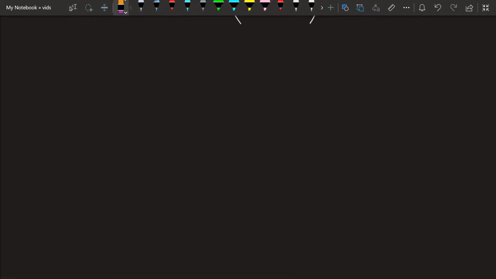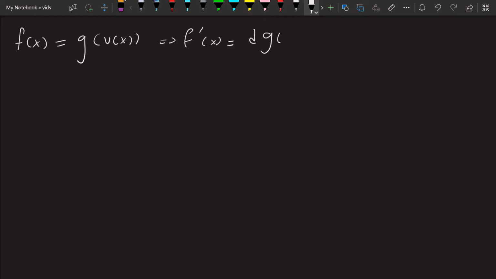And I'm going to give you some examples so you guys can understand. In other words, f prime of x is just equal to the derivative of g with respect to v of x, multiplied by the derivative of v of x over delta x.